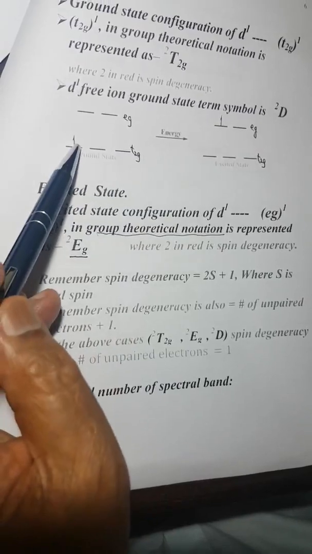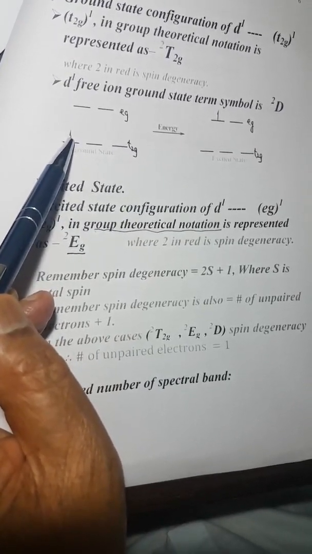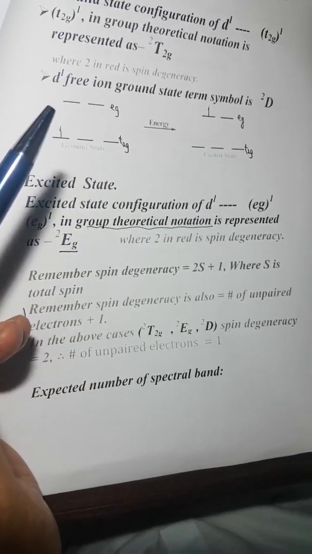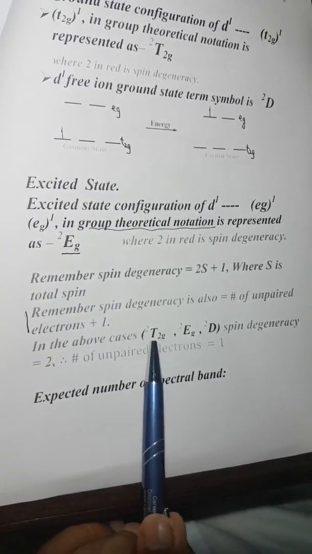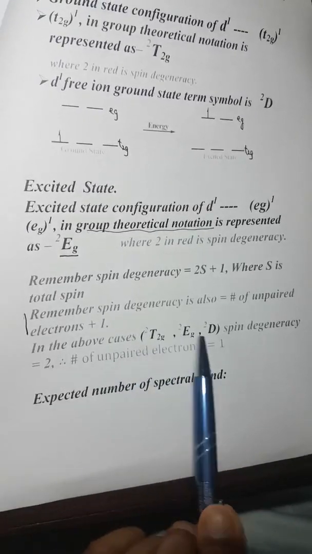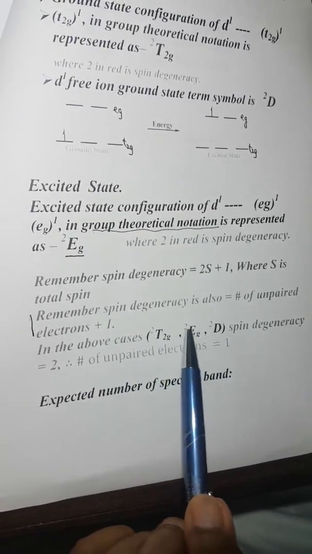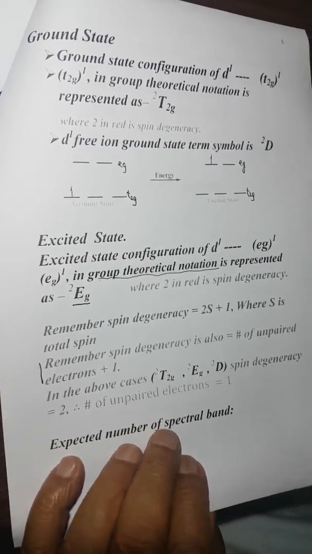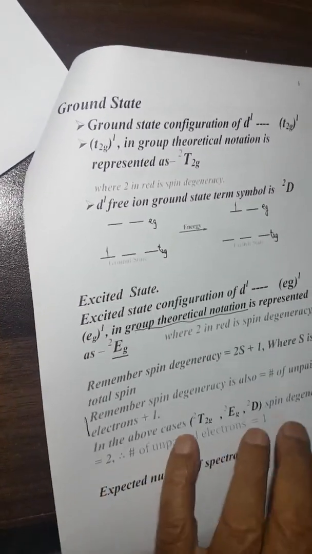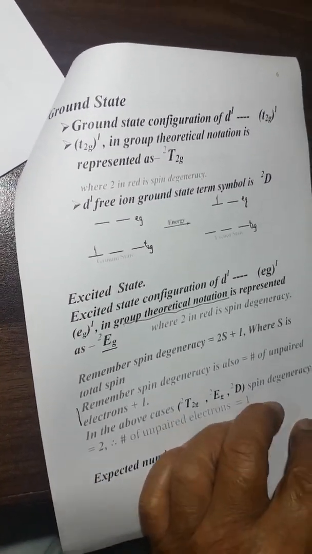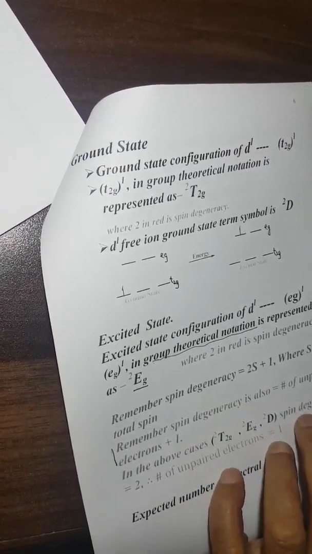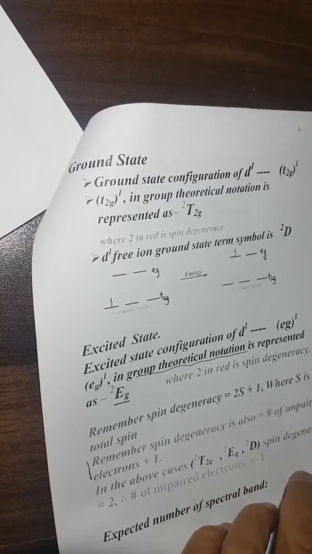In this system, there is one unpaired electron, so 1 plus 1 becomes the spin degeneracy. Spin degeneracy equal to expected number of spectral bands. Very easy. This is what we are learning in this 524 course, how spectra is produced.